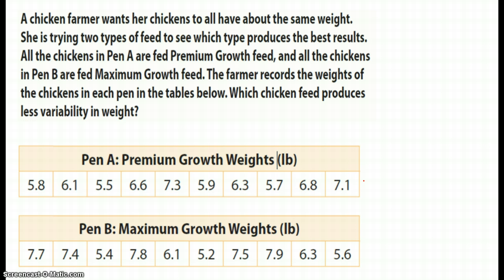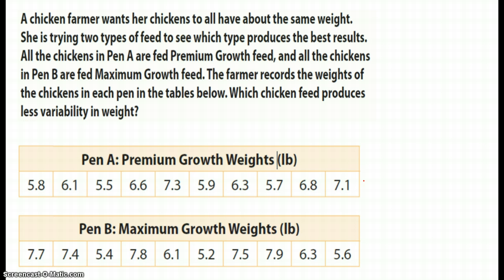All right, let's talk about what the author was talking about. So he says a chicken farmer wants her chickens to have all about the same weight. That's the way I am about the grade. If it's an 80, I want everybody to be around that 80. I don't want an 80 and a 25, or a 100 and a 50.